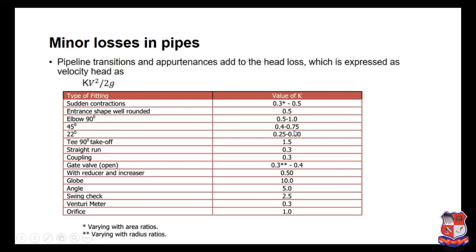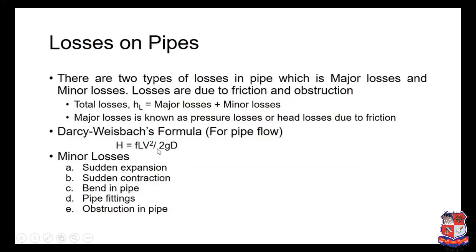So for different angles the values are different. V is the velocity and G is gravitational acceleration. So using this we can calculate minor losses in pipe for each bend or for each type of fittings. So if we add these minor losses and major losses, then we will have the total head loss in the pipe.